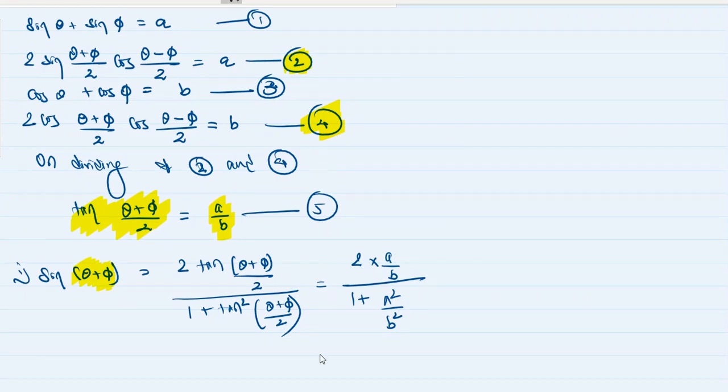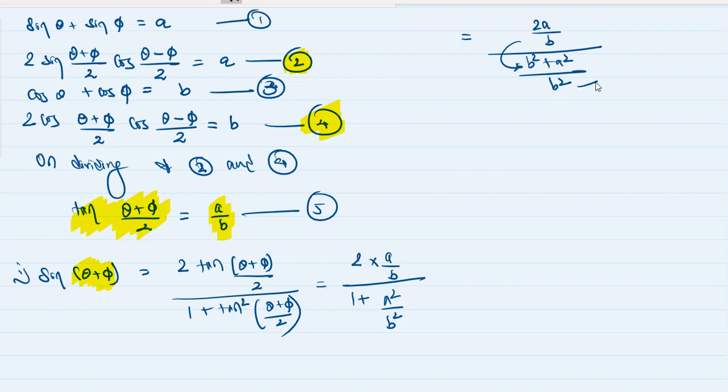Okay, I'm just going to solve it quickly. 2A by B, I need more space, sorry for that. Simplifying here, 2A by B the whole upon (B square plus A square) by B square.